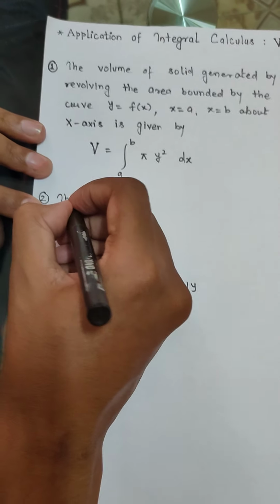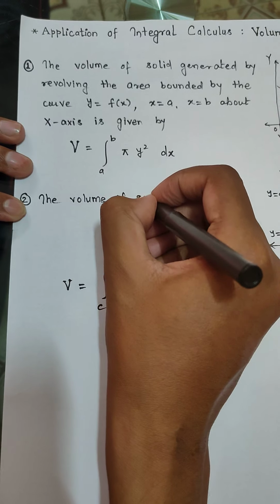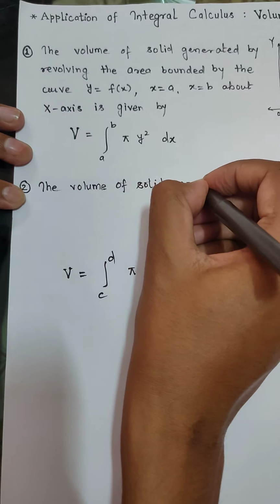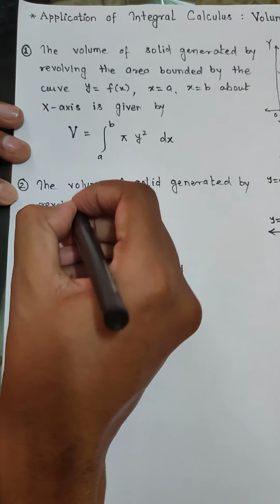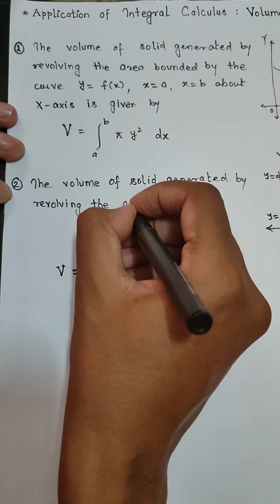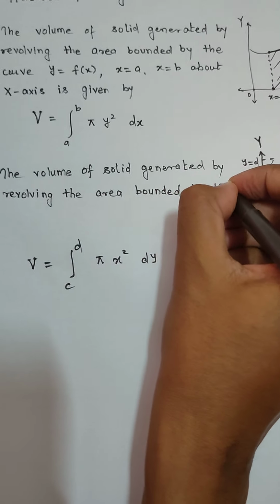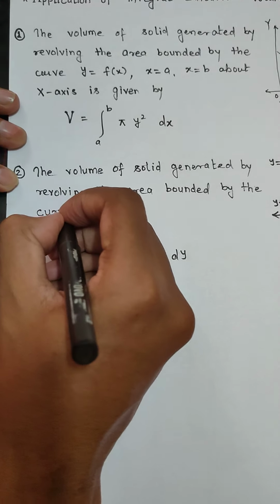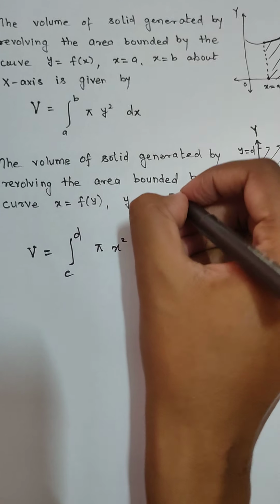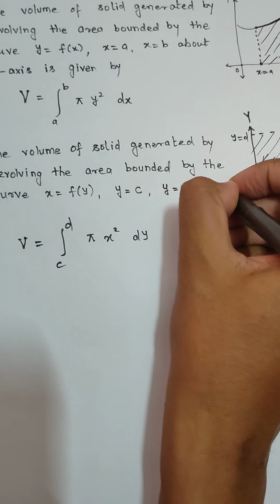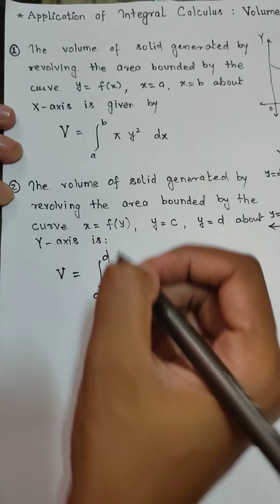We can write systematically the volume of solid generated by revolving the area bounded by the curve x is equal to f of y, ordinate y equal to c, y equal to d, about y-axis is this.